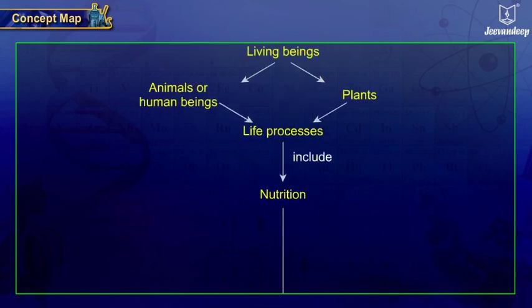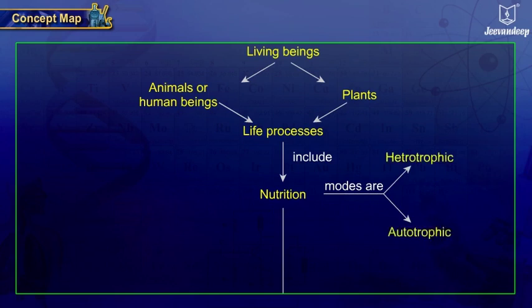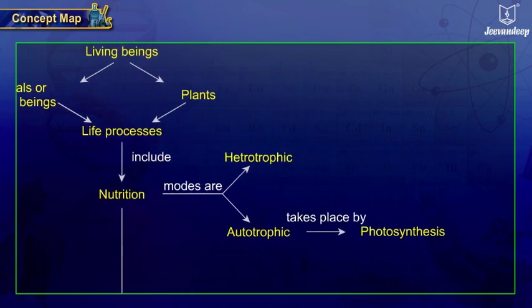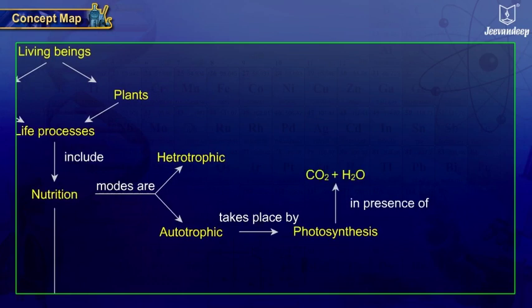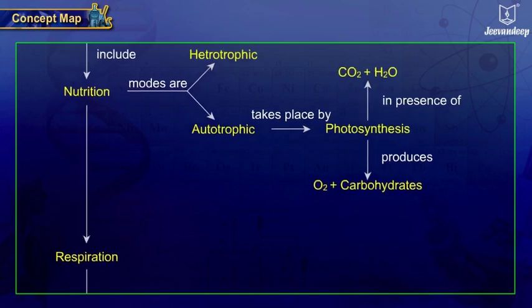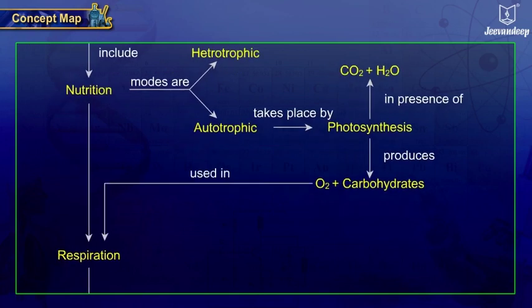In plants, nutrition is of two types: heterotrophic and autotrophic. Autotrophic nutrition takes place by photosynthesis in the presence of carbon dioxide and water and results in the formation of oxygen and carbohydrates. These products are used during respiration.